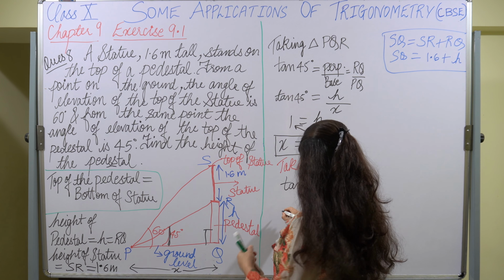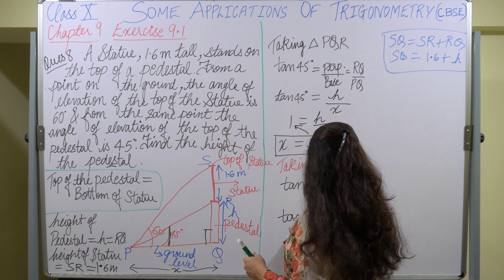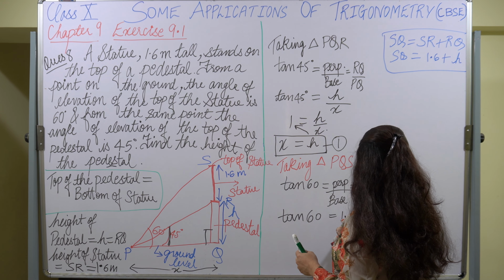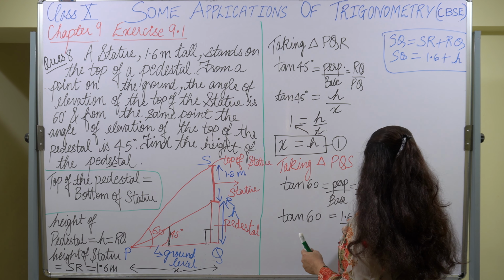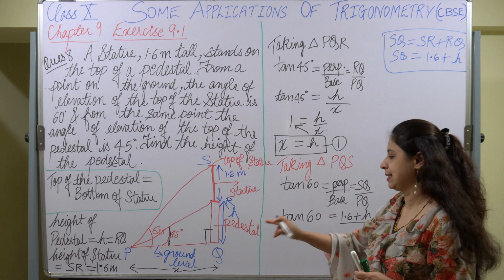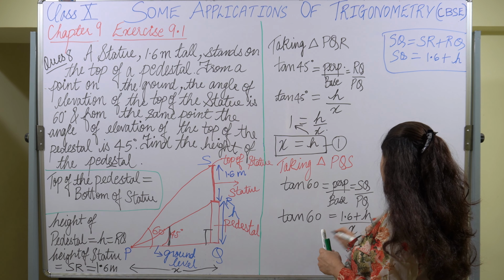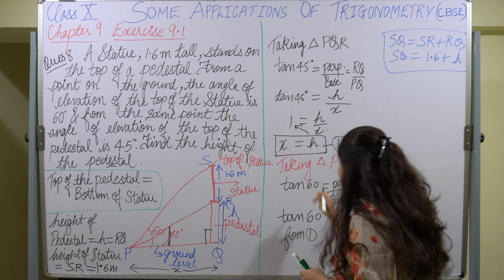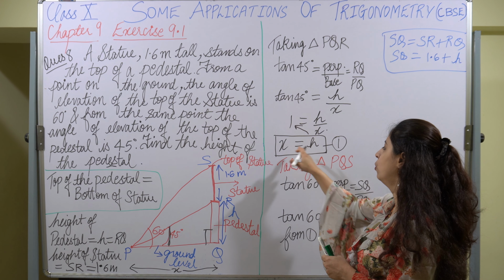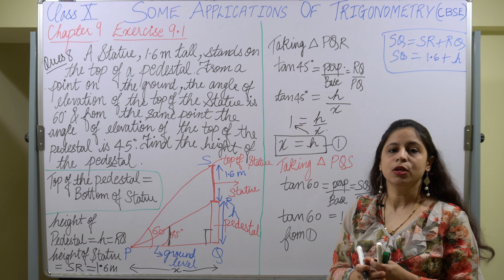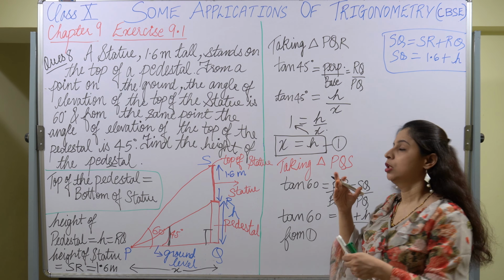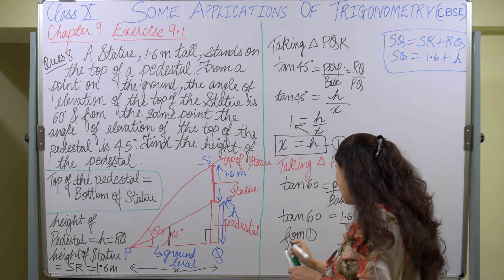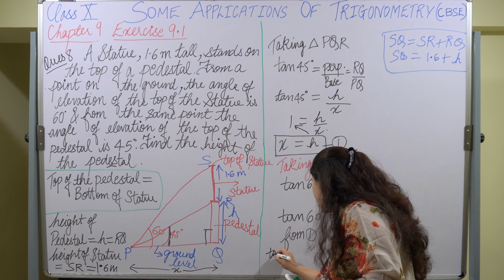Now tan 60 will be equal to 1.6 plus h, and PQ is x. I assumed it to be x, but from 1 I can replace PQ by h, because from 1 I have already concluded that x is equal to h.